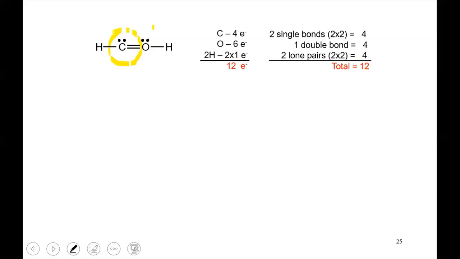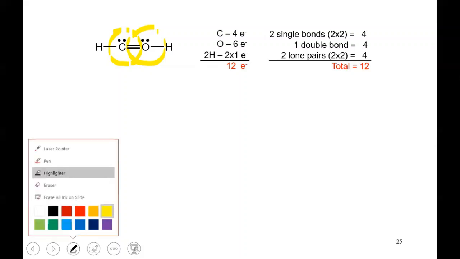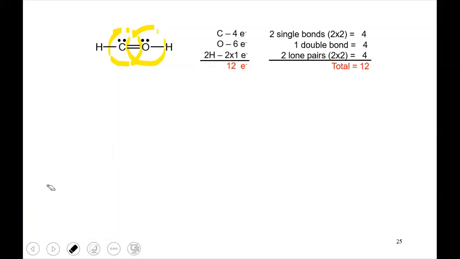Let's look at the oxygen. Same thing, we have the single bond, the double bond, so that's 1, 2, 3 bonds at 2 electrons each, that's 6, and the lone pair, that's 8. So as far as the octet rule is concerned, this structure works.